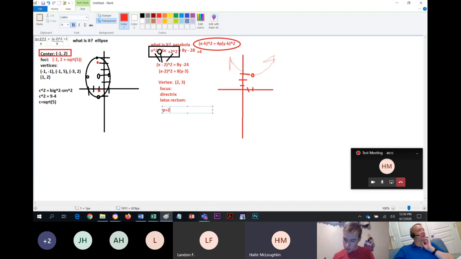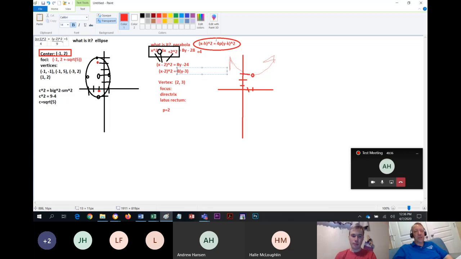Yeah. Okay, so p equals 2. How did you get p equals 2, Andrew? Well, 4p equals 8. Yeah, exactly. So it's going to equal whatever that is right there, the 8. Okay. So 4p equals 8, so p is going to equal 2.